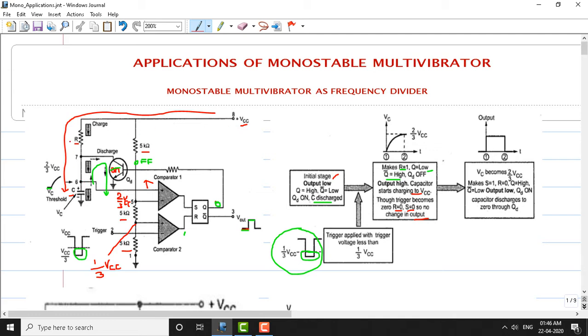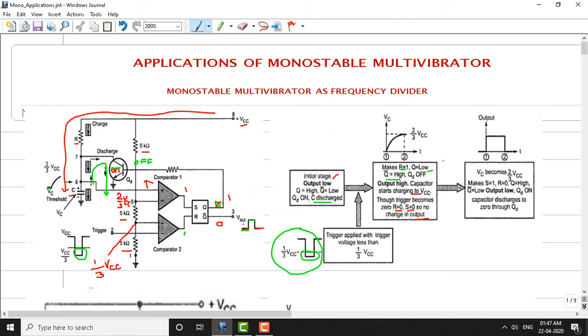We have already established the voltage at pin number 5, which is 2/3 VCC. When the voltage at the non-inverting terminal crosses this voltage, the output of comparator 1 becomes 1. Then the flip-flop is set, Q becomes 1, and Q bar becomes 0. So the flip-flop jumps back to the original state.